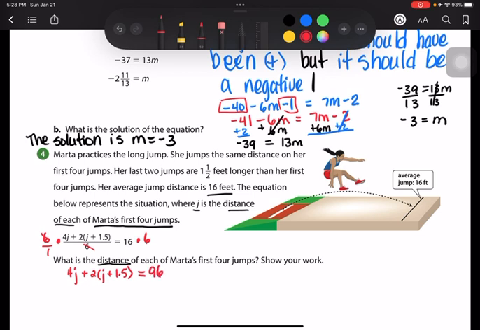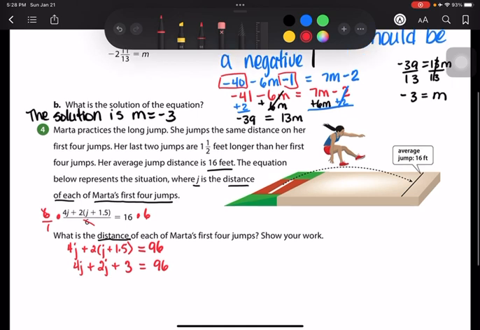So now that we've got rid of the fraction, we just need to apply the distributive property. So let's distribute. We have 4J, and then 2 times J is 2J, plus 2 times 1 5/10 is 3, equals 96.